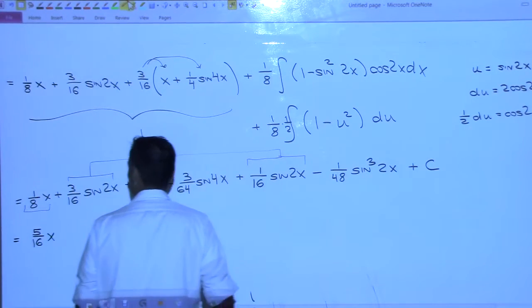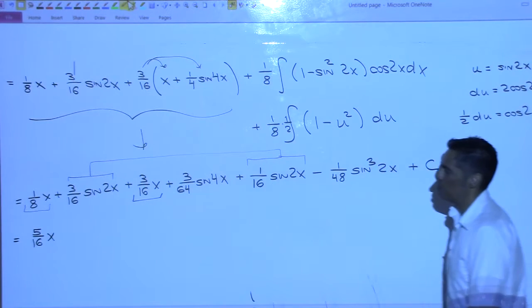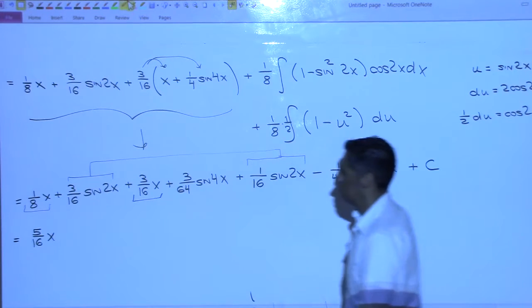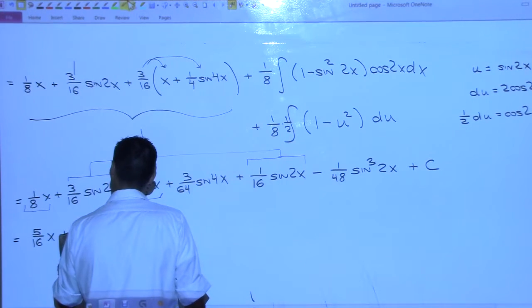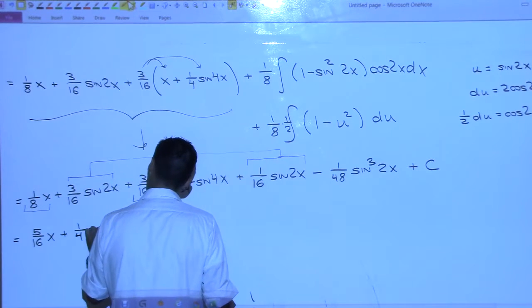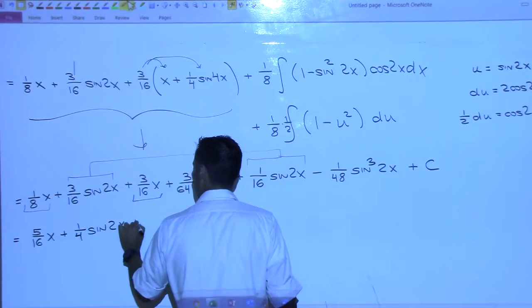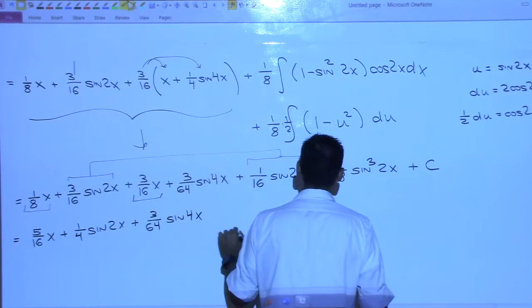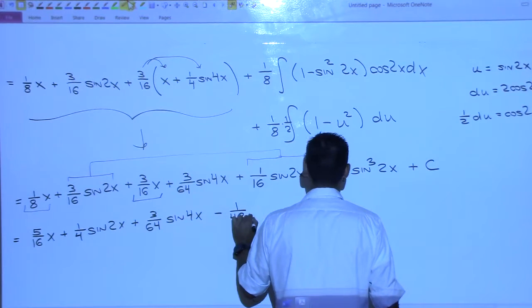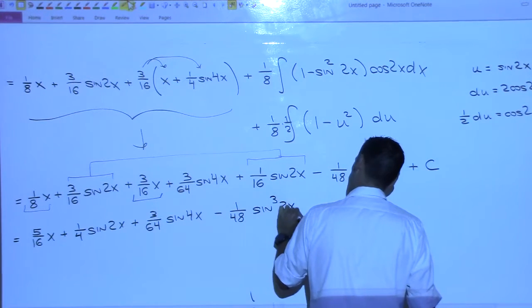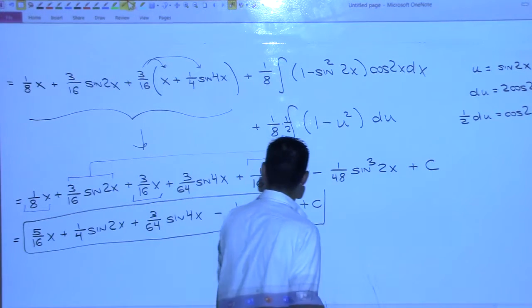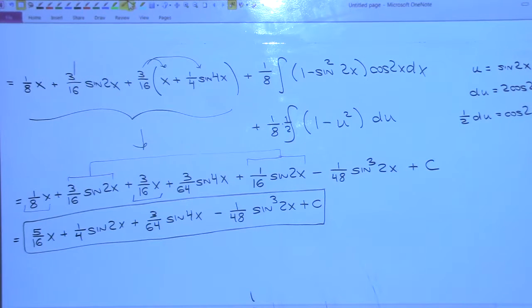Then how many sine 2x's do I have? 4/16, so 1/4. 1/4 sine 2x. And then we have 3/64 sine 4x and minus 1/48 sine cubed 2x plus c. That is the antiderivative of cosine to the 6th x.